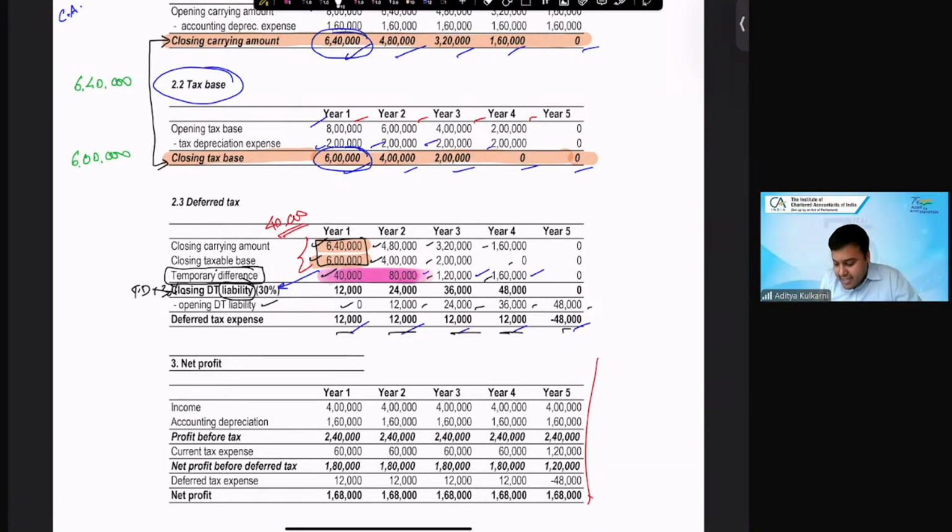That's right. 80 is moving on to 120. Is there additional difference or reversal? Additional difference. Correct. 120 is moving on to 160, again additional difference. 160 is dropping down to 0. What is happening here? Reversal. Reversal is happening here. So you understood this? Yes, sir.